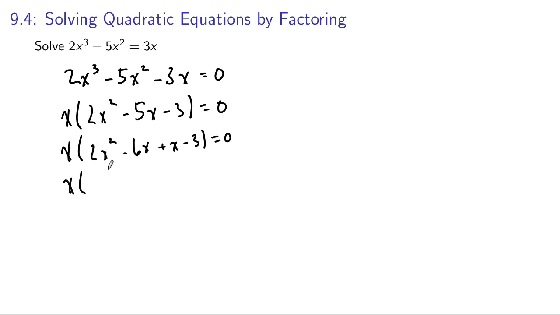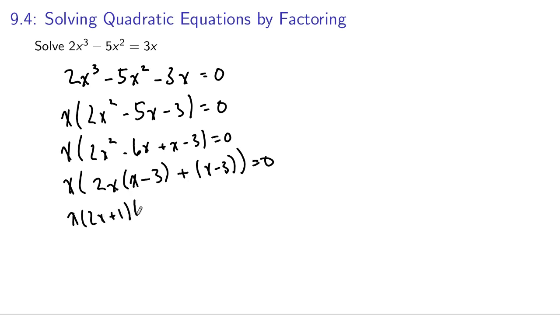That would give us 2x in common in this first part, x minus 3, and there's nothing here. But x minus 3 is in common in both, so that gives us x times (2x plus 1) times (x minus 3) is 0. Because we can pull the x minus 3 out, we're left with just this 1 to add to the 2x.